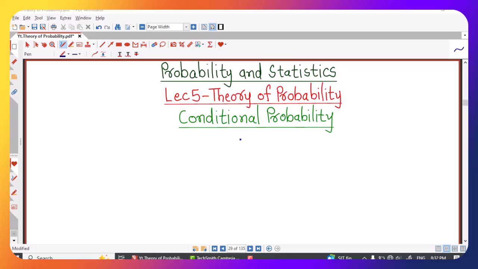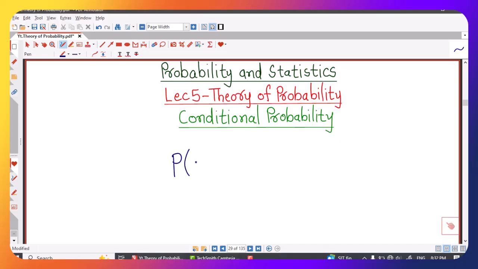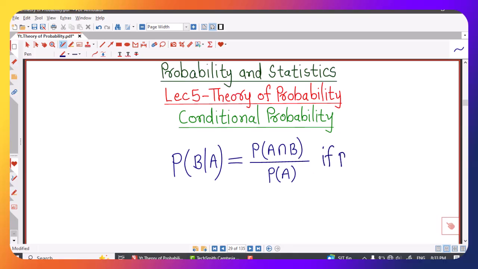We have discussed conditional probability in the previous lecture, and we will just recall the definition. Suppose we want to find the conditional probability of event B given that event B is affected by the occurrence of event A. Then this conditional probability is given by the ratio of probability of A intersection B and probability of A, where probability of A is non-zero.